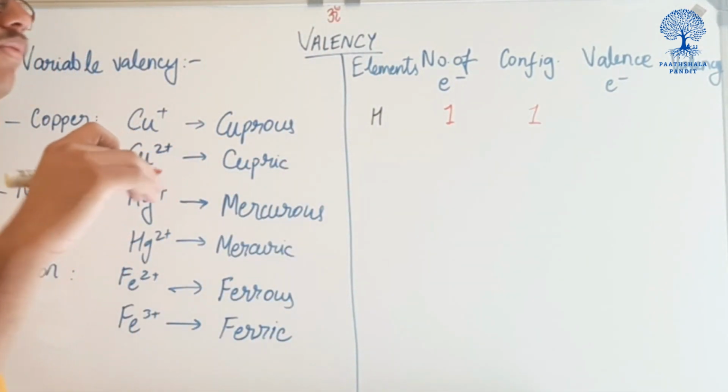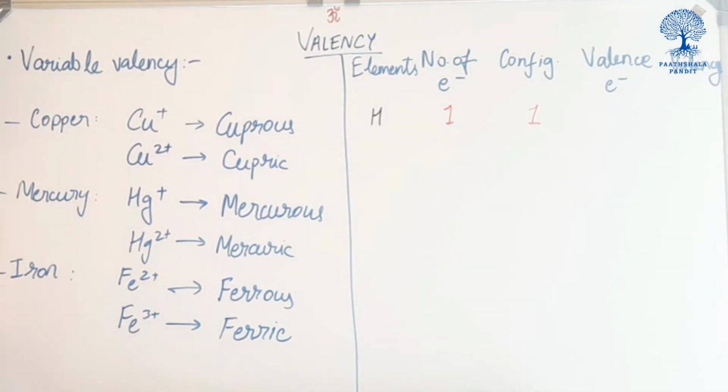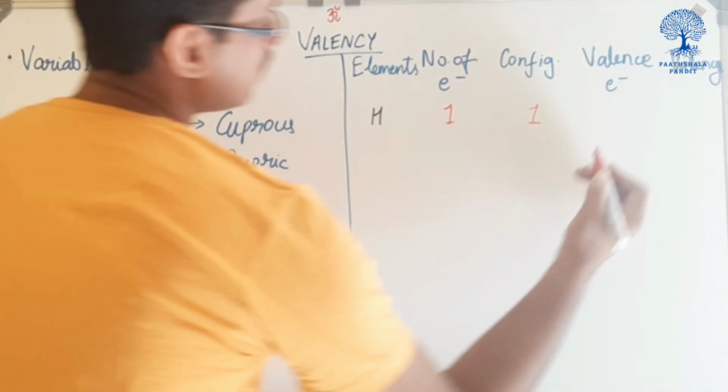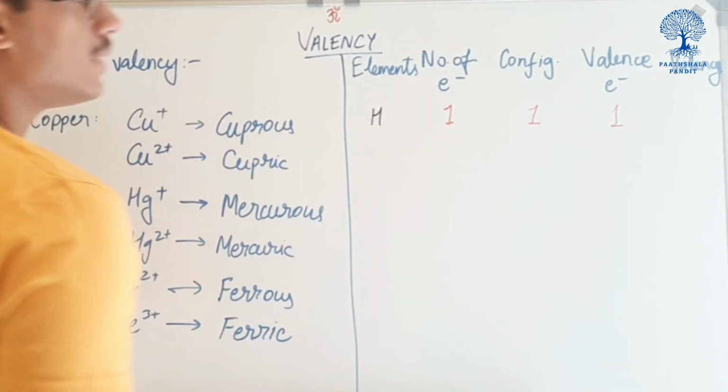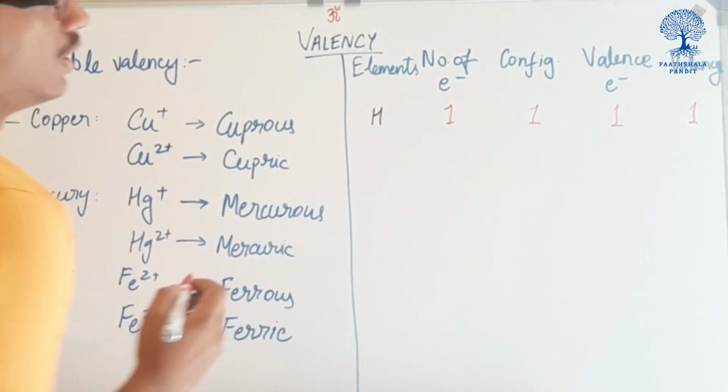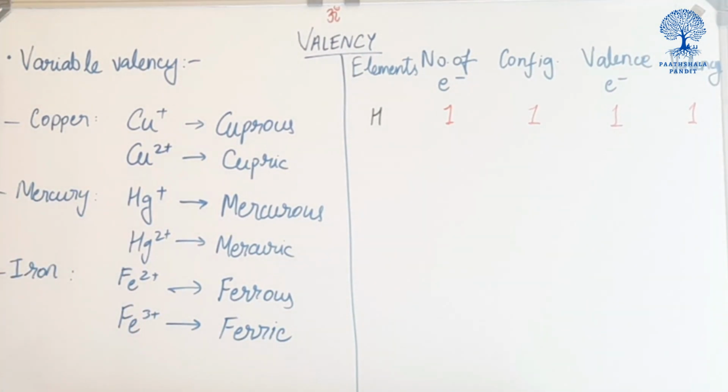What is the number of valence electrons, the number of electrons in the outermost shell? It is 1, of course. So what will be the valency? It will be 1. Remember, the first shell can accommodate only 2 electrons, so the valency will be 1.